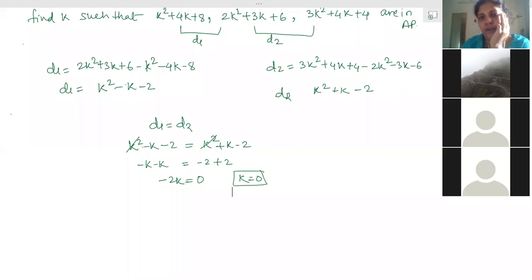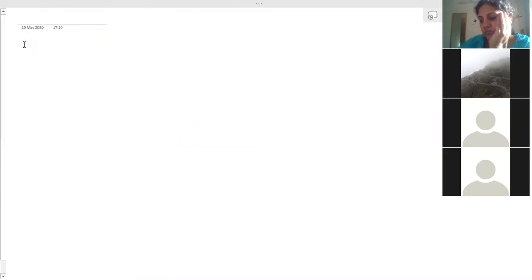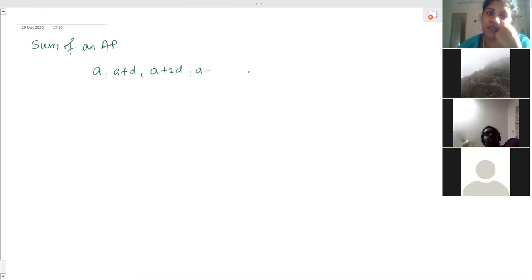Now next part of this chapter, that is sum of AP. Sum of an AP, that is sum of all the terms present in that AP, you can calculate by the formula. So here a, a plus d, a plus 2d, a plus 3d, and so on is there.